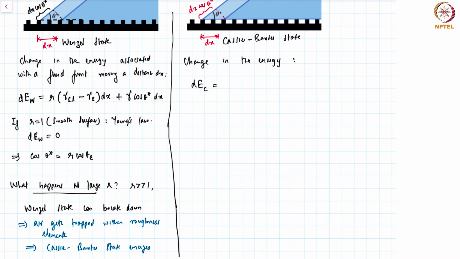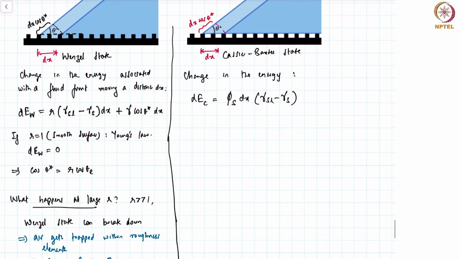Now we have the islands here, so phi s dx is the effective area of only the islands, with gamma SL minus gamma S. But between the islands, we also have air pockets where we have an interface between the air and the liquid. Therefore, we also have to take into account the area fraction of the air pockets, 1 minus phi s, times dx times the respective surface energy, which is gamma, and finally the contribution from the interface.